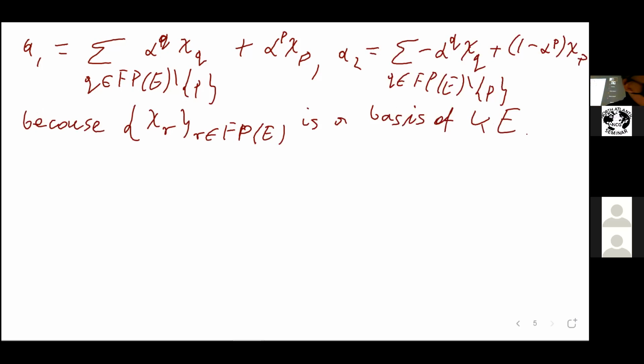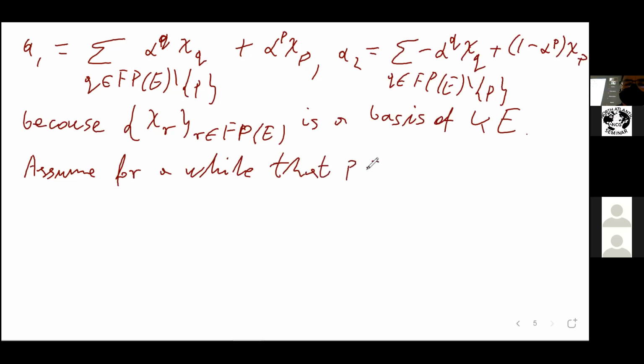All right, now let's consider a special case for a while, when P is a vertex. So assume for a while that P is a vertex. I mean, it is a finite path.